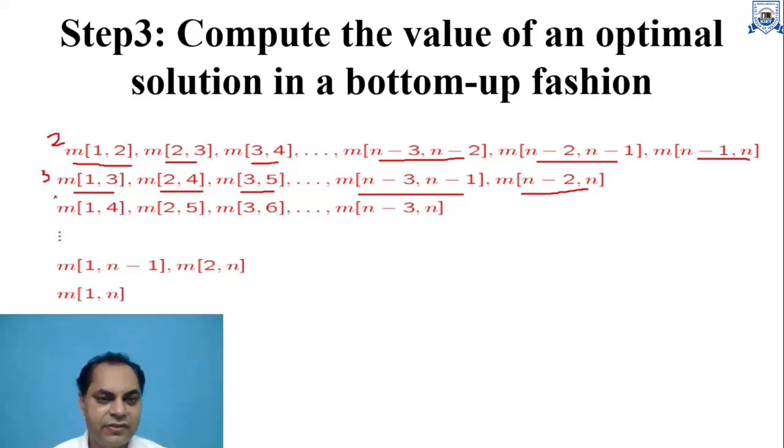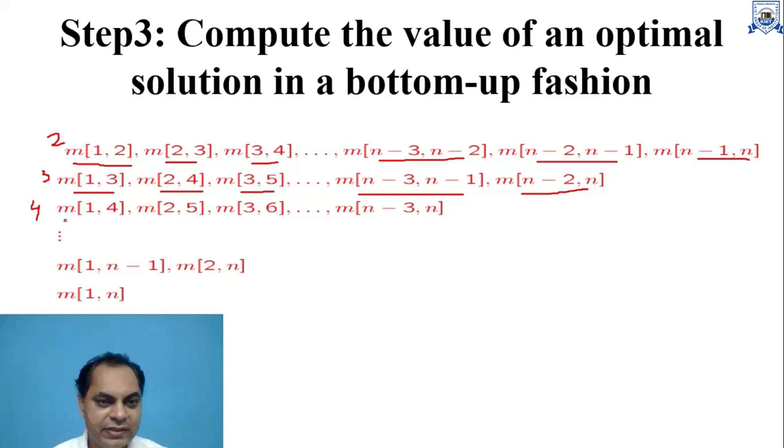Similarly, after getting the size 3 solutions, we find the larger sizes, and while getting the solution of a larger size, the solutions already achieved for smaller sizes are beneficial for us, and we will use them directly because we have already stored them. That will be clear in a couple of minutes when we do an example.